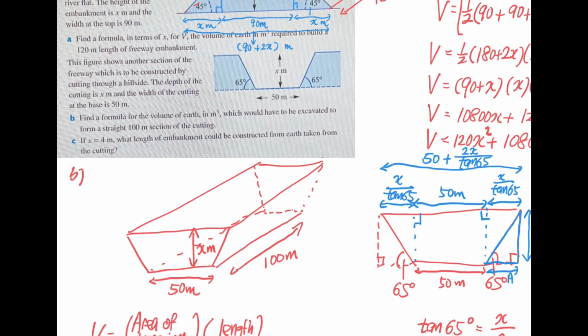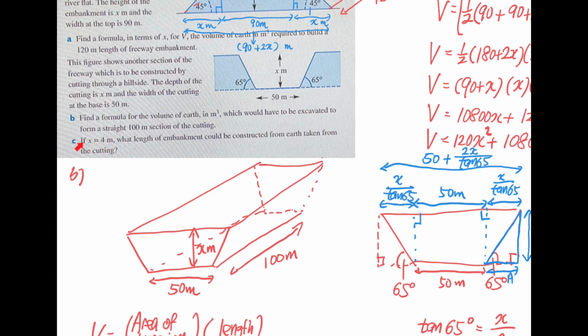Now let's see here. They say if x equals 4 meters, what length of embankment could be constructed from earth taken from the cutting?